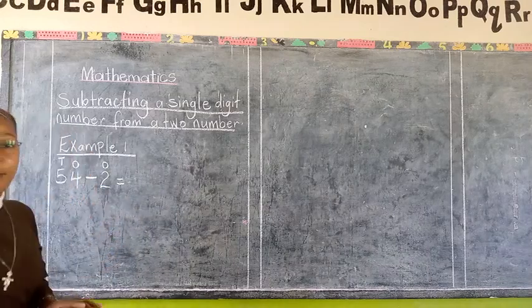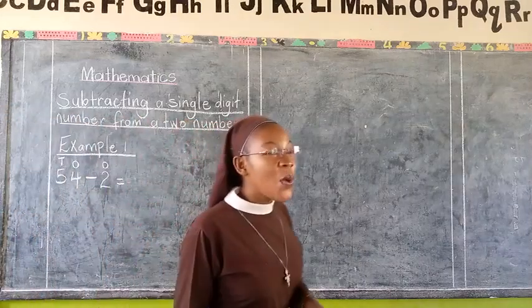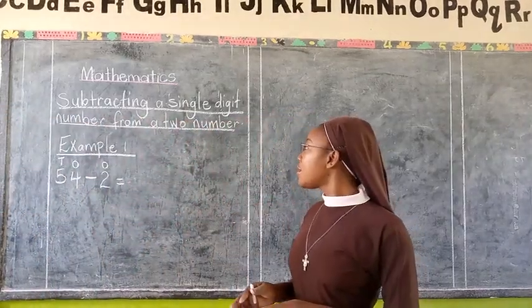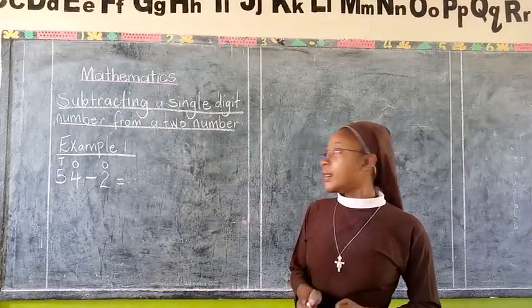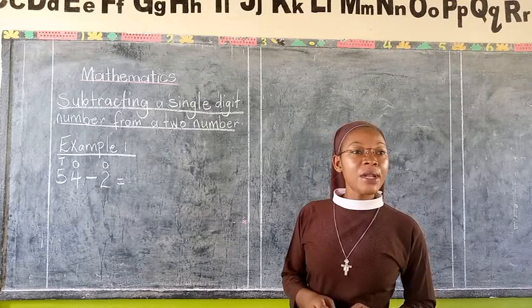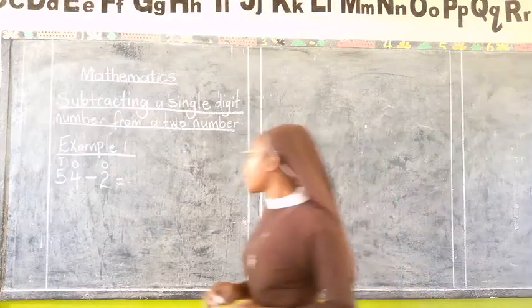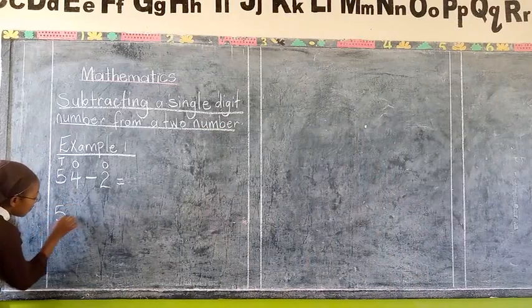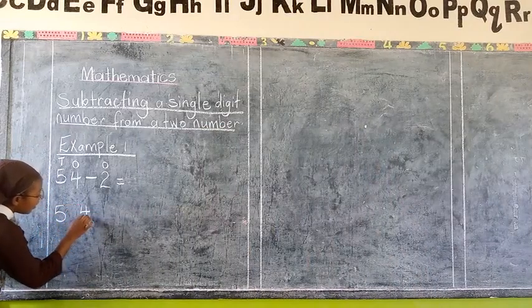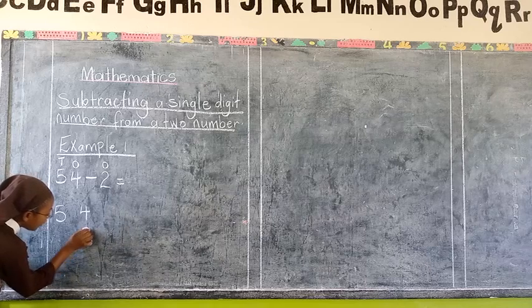After we have finished to mark our place values, we are going to arrange those digits according to the place values. So we shall write 54 and 2 here.